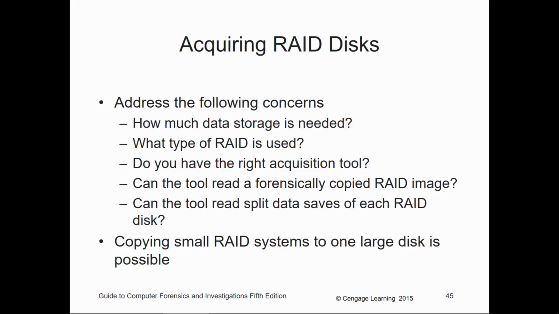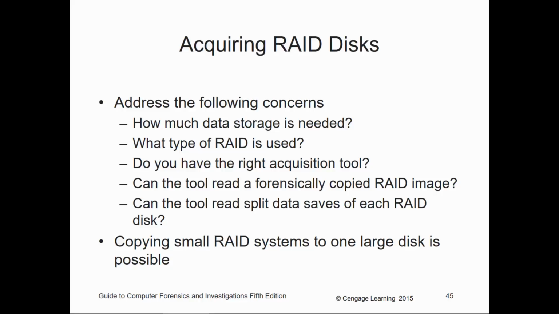Because the RAID disks are going to have very specific characteristics, we have to talk about what RAID it is. How much storage are we going to need for a disk image? Do we have the appropriate tool that can actually complete the acquisition? Can the tool read a forensics copy for a RAID image? That's been a huge thing because not all tools can do it.